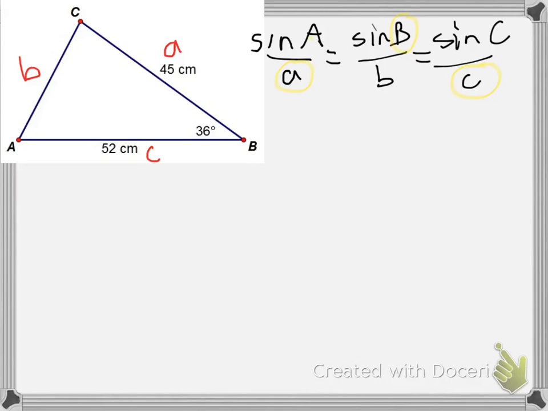I don't know if I should use these two or these two, or even this one and this one. I'm still going to have two unknowns. So it may not be that we can do anything with the law of sines here. Let's do some more thinking.